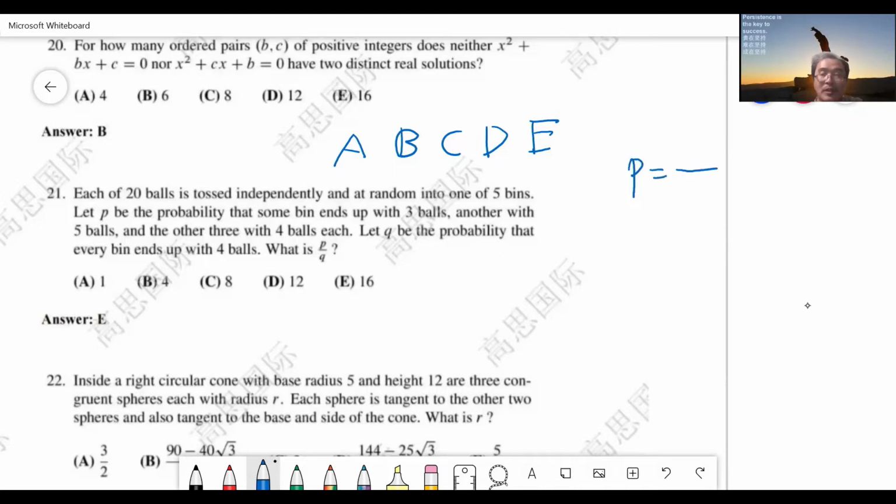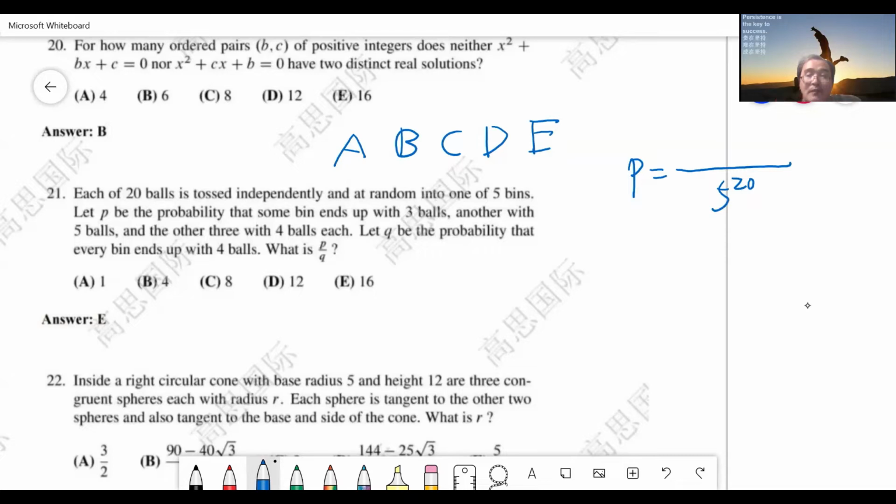P is basically the number of favorable ways over the total number of ways to throw these 20 balls. Let's call the balls number 1 to number 20. Each ball you can toss into A, B, C, D, or E, so that's 5 options. The total number of ways is 5 to the power 20.